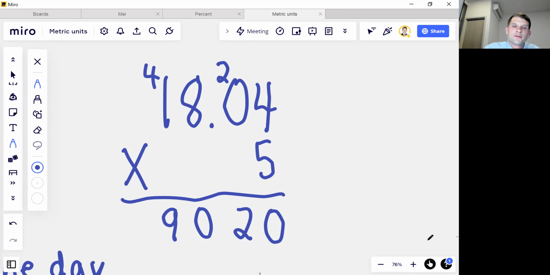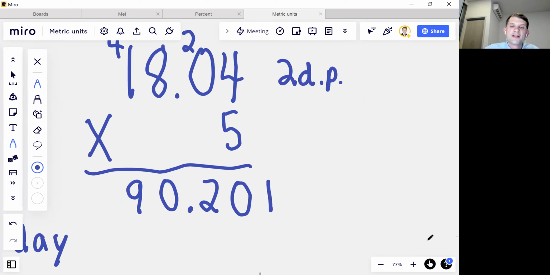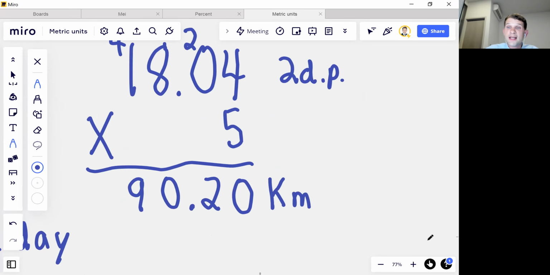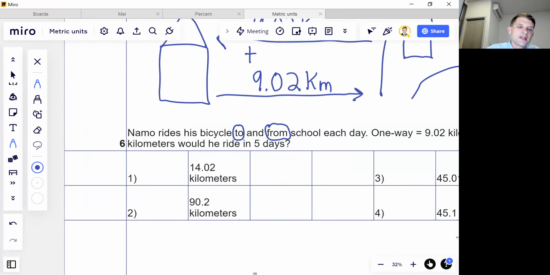Okay. So this will be 2 decimal places on the top number, 0 decimal places down on the bottom number. So we know we need to put our decimal right in the middle there, or 2 places from the right. And that's going to be our grand total for 5 days, which is 90 and 2/10 kilometers. So let's go ahead and circle that option number 2 for number 6.